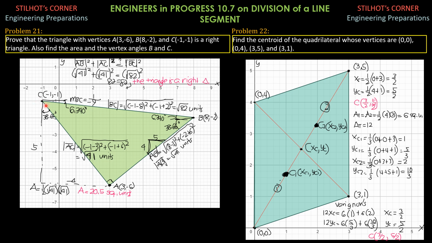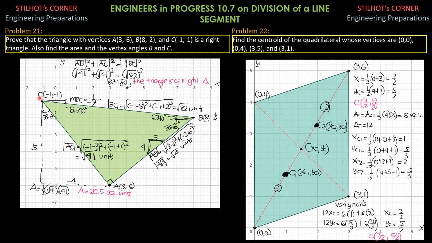AC, on the other hand, this is the computation of the distance. So we have delta x, (-1 minus 3) squared, so that's -4 squared, which is 16, plus (-1 minus -6). Negative 1 minus negative 6 is positive 5, and positive 5 squared is 25. 25 plus 16 is again 41. So side AC is square root of 41 units.